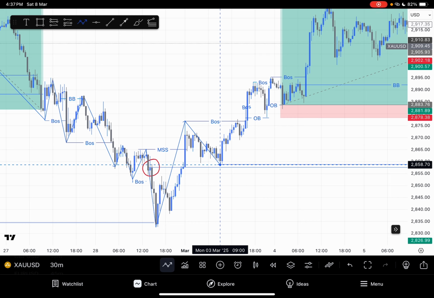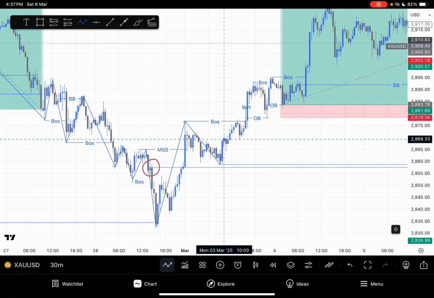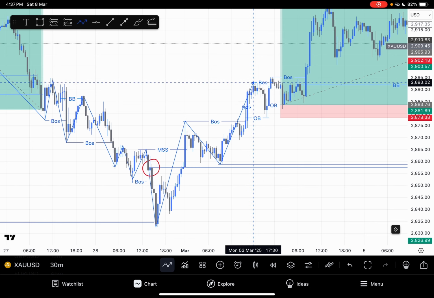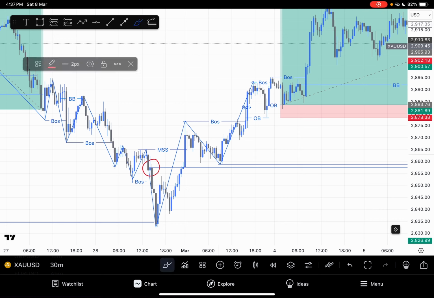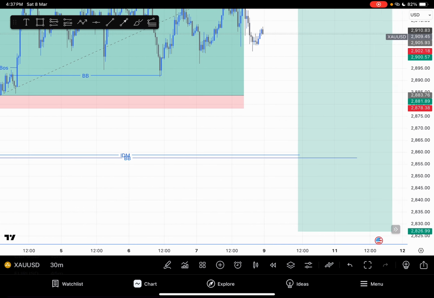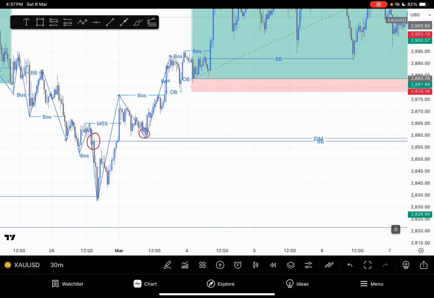It just moved a few pips down, then rejected to the upside. So now this region has automatically turned into your inducement. So that's why I put the IDM there as the inducement.